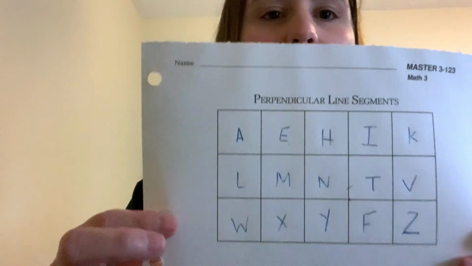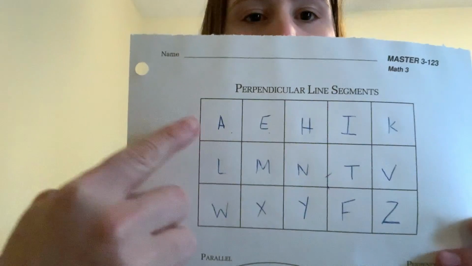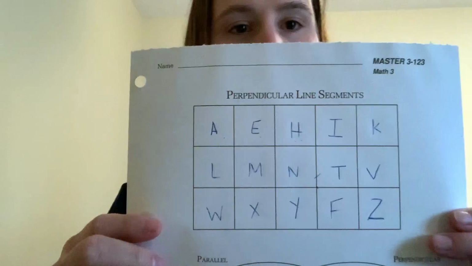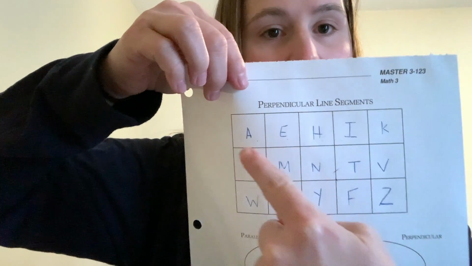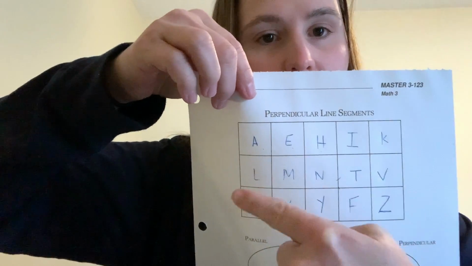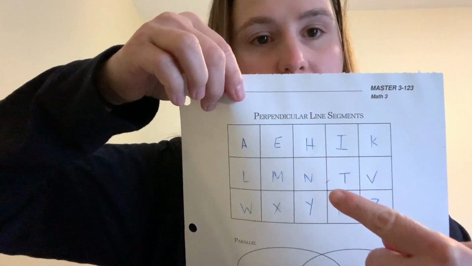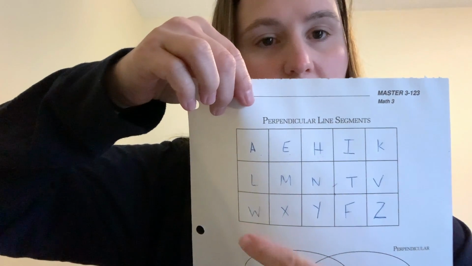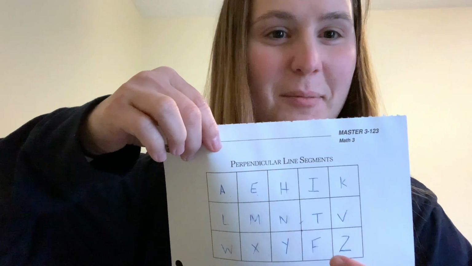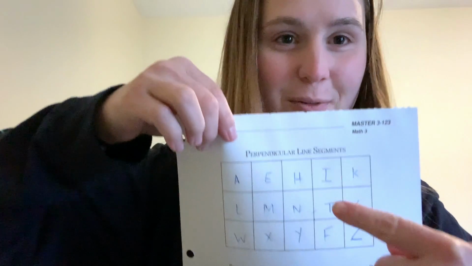For the first part of the worksheet, it has these boxes. When we talked about our parallel lines, we had these letters. This time you're going to write them again. So you're going to write A, E, H, I, K, L, M, N, T, V, W, X, Y, and I put F there because I forgot it in the beginning, so just put it up where it's supposed to go.